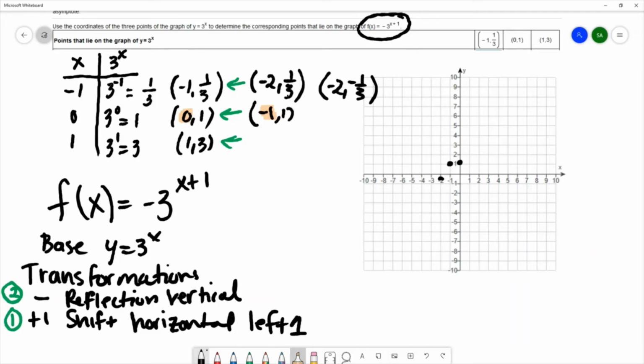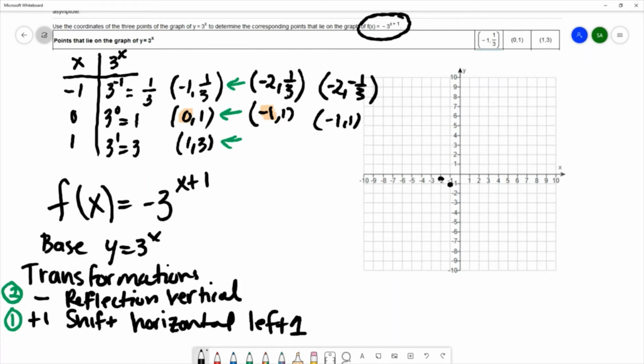Then you're going to do the reflection. So this point is 1 above the x-axis, and we're going to mirror to become 1 below the x-axis. So that ordered pair becomes negative 1, negative 1. I'm going to get rid of the original and the secondary position.